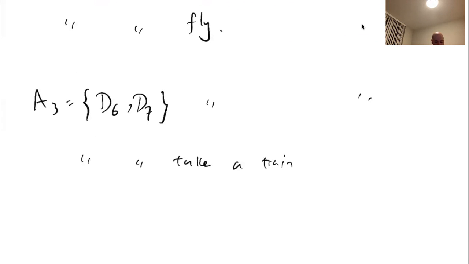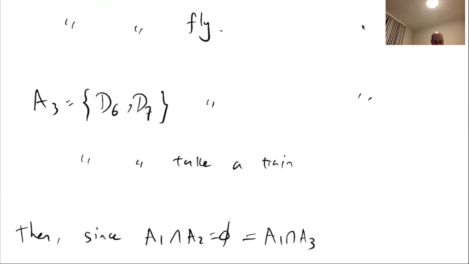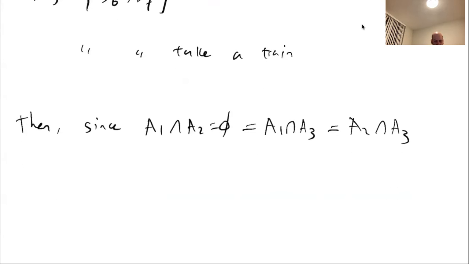And then, since A1 intersection A2 is the empty set, which is the same as A1 intersection A3, which is the same as A2 intersection A3, any two of them that I consider have no intersection.